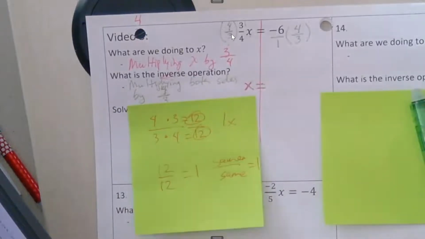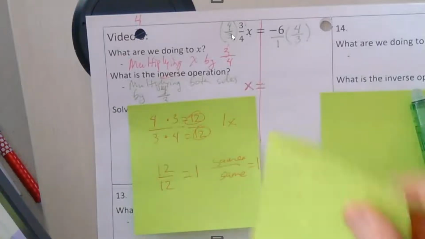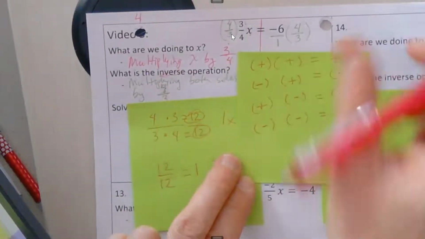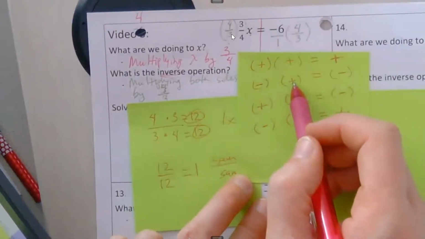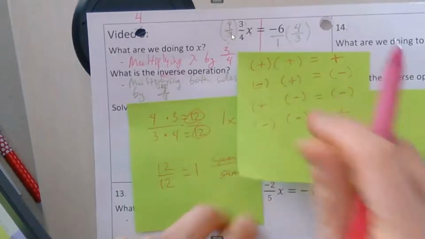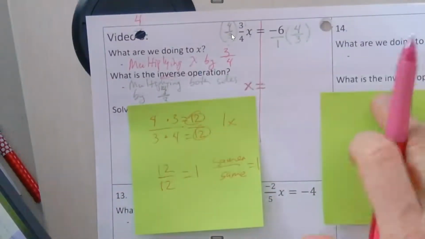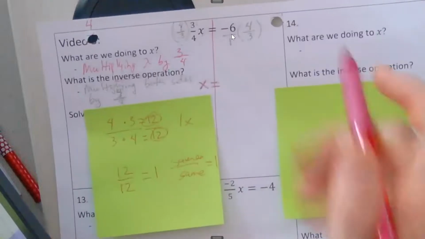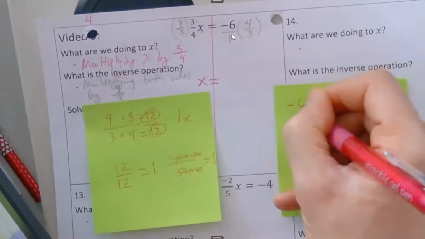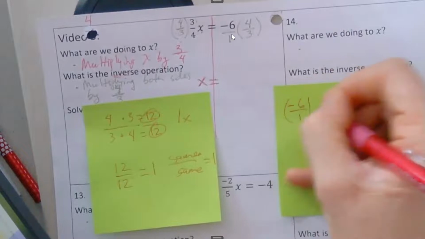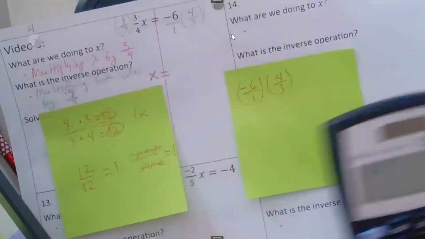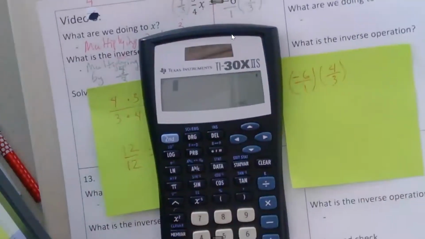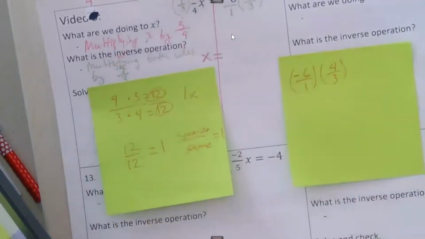Okay, cool. Now, remember that when we multiply a negative number by a positive number, our result is going to be negative. All right. So now let's show how to multiply fractions over here. You have -6 over 1 times 4 over 3. And let's get the calculator involved.